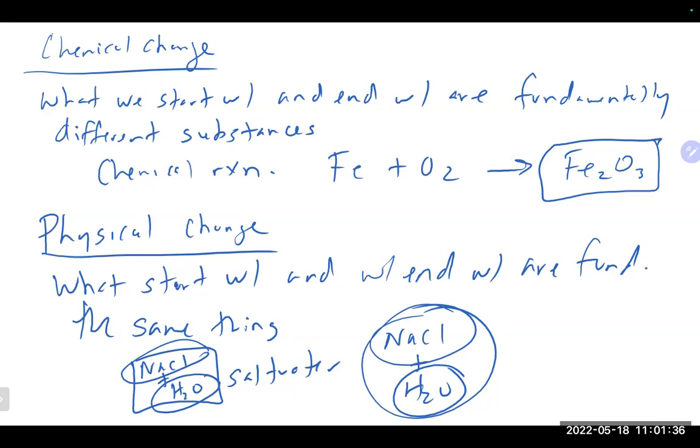The steam that comes off as it starts to boil is still fundamentally H2O. You haven't had any chemical change, but what you've changed is maybe the appearance of it. It's still fundamentally the exact same thing.